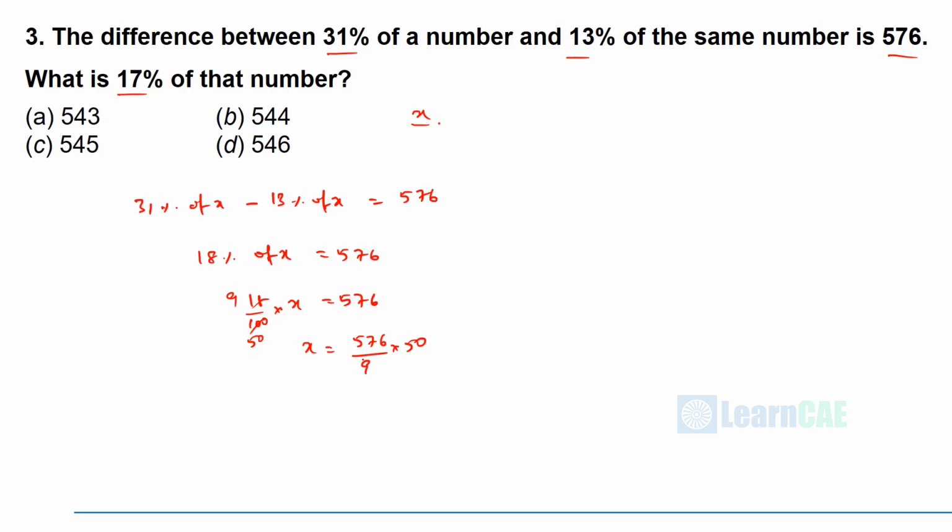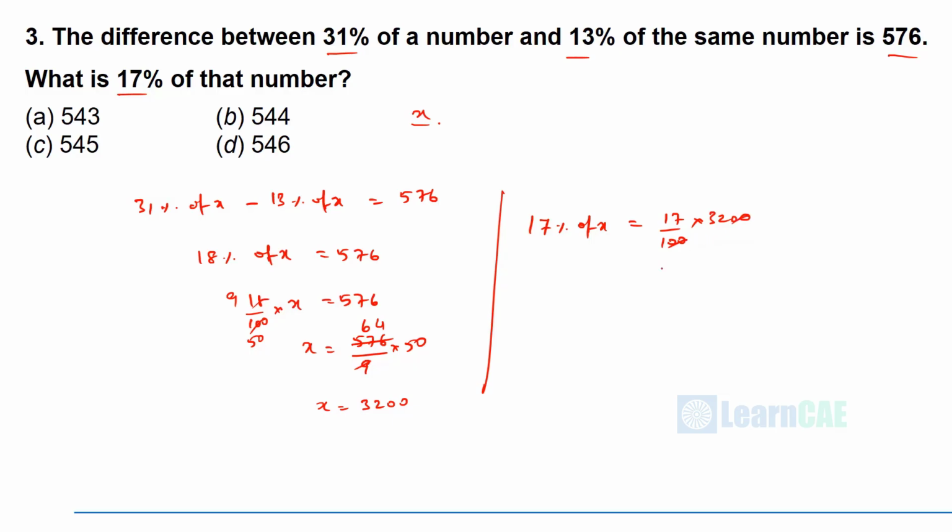Again, this will be divisible by 9. 6 9s are 54. 3 is the balance, 36, 4. So X is equal to 64 into 50. That is 32 into 100. The answer is 3200. But they are asking 17% of that number. 17% of X is equal to 17 by 100 into X. X is 3200.